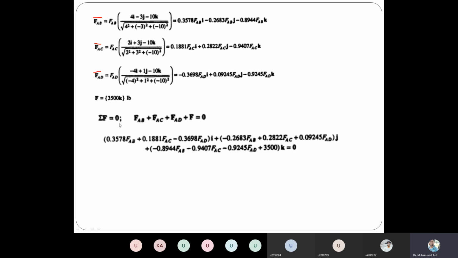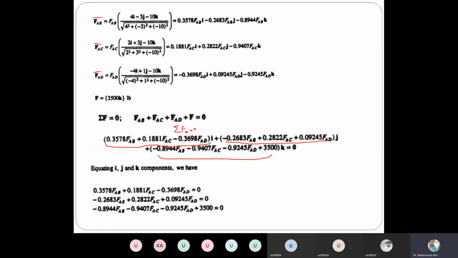So you have to equate the i component: the sum of all the forces in x direction is equal to 0, the sum of all the forces in y direction is equal to 0, and similarly the sum of all the forces in z direction is equal to 0.